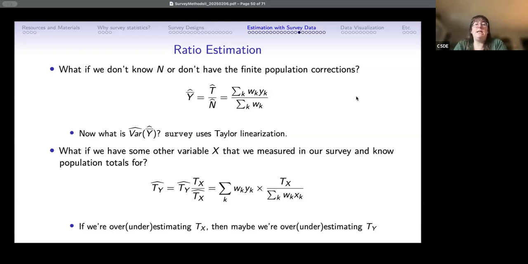This is technically an example of what we call ratio estimation in survey statistics, which can be done not just when our ratio is an estimator of the population size on the bottom as it is when we're estimating Y bar hat here. In general, ratio estimation is a tool of survey statistics that is used when we have a survey to collect information on both Y and X.